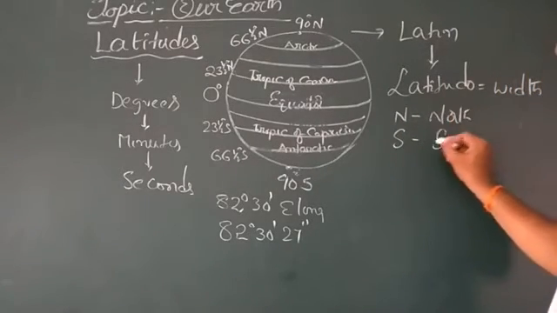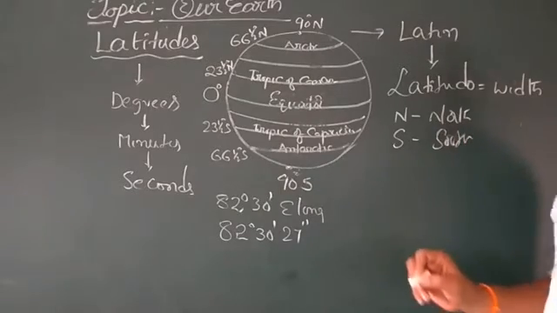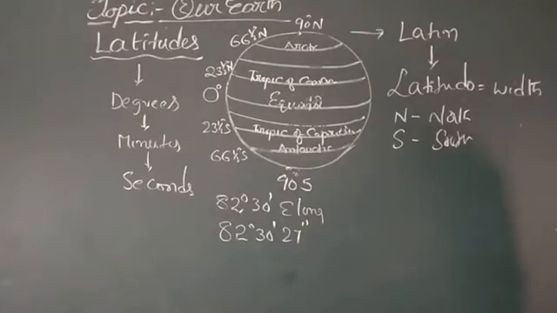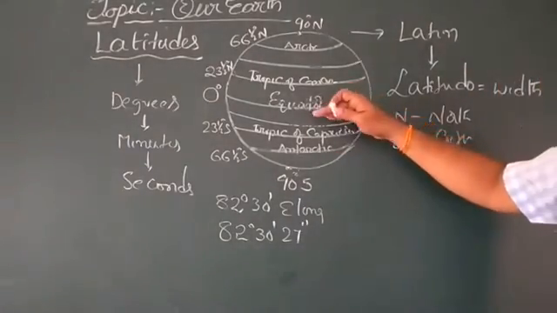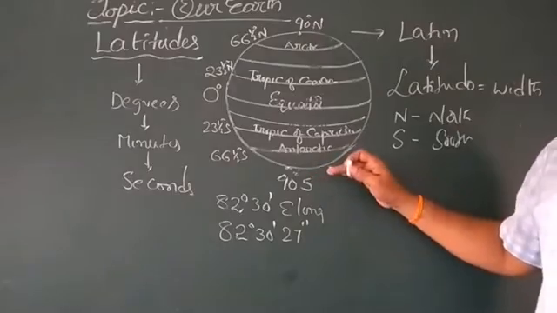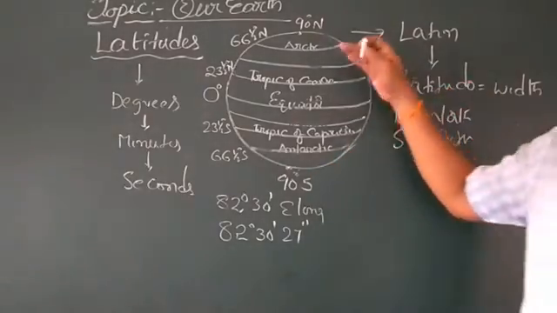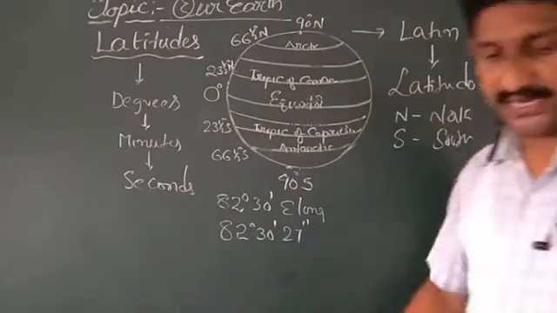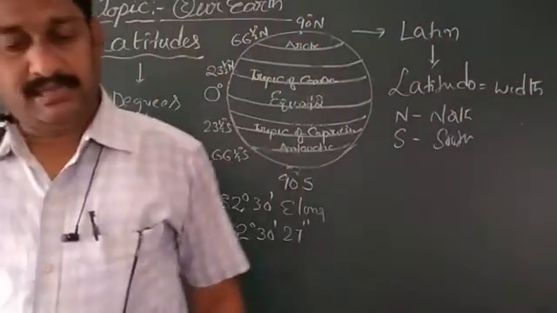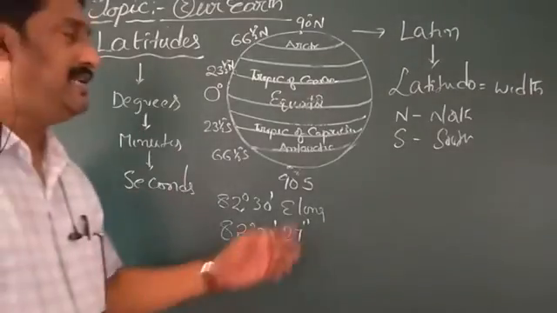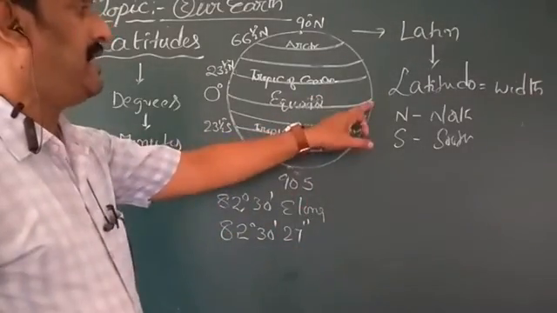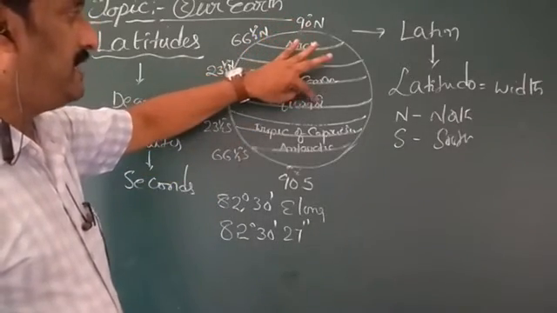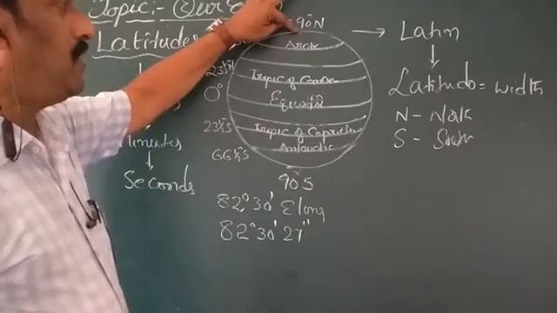From the equator, whenever we are moving to the north and south, we indicate it with symbols for north and south directions. These latitude values range from 0 degrees here to 90 degrees, that is, from the equator to the North Pole.